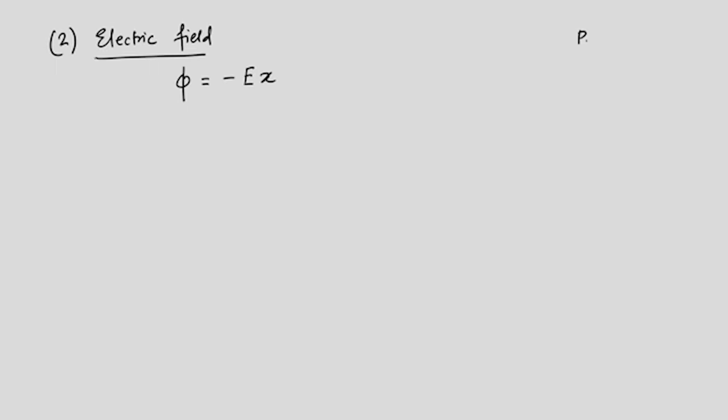Just keep in mind these relations: B equal to curl A. So there is a vector potential associated with a magnetic field, whereas the electric field is associated with a scalar potential, which we write as phi here. So phi is equal to minus Ex. Remember, E is not the energy here. We'll keep writing energy with a curly E. So this is energy, and this straight E that you see here is the electric field.